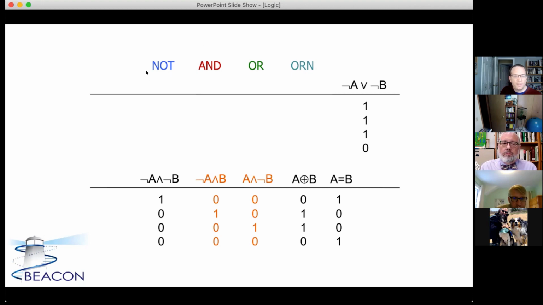This one is currently listed as A and not B. We could list the same thing as not B and A. Obviously, these two things are equivalent. And is a reversible command in Boolean logic. It doesn't matter the order in which you give it things.